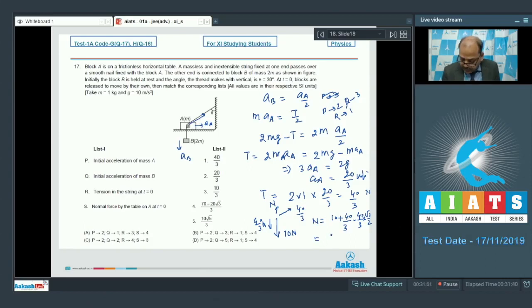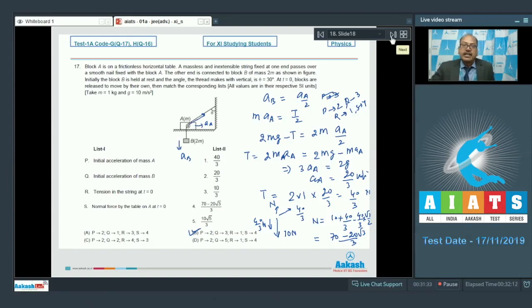How much is this? This is 70 minus 20 root 3 by 3. So that means S matches with 4. If you look at the options, B matches with what we have got. So answer to question 17 is B.